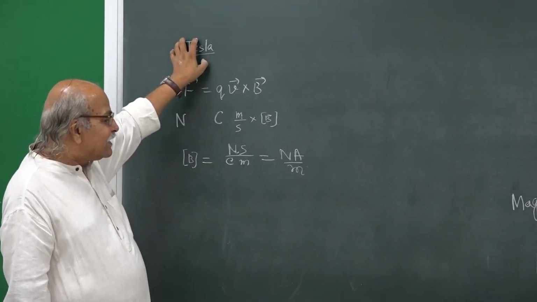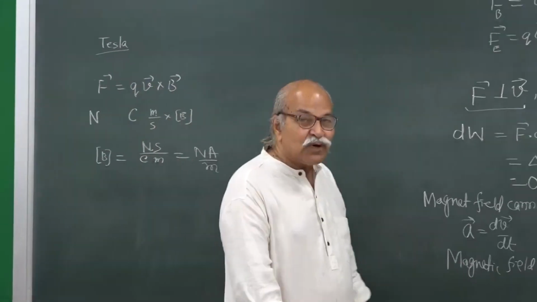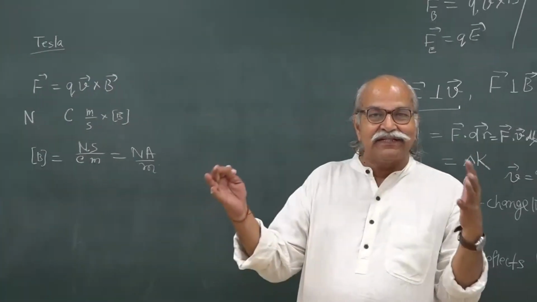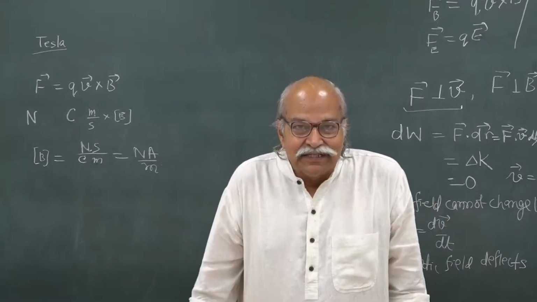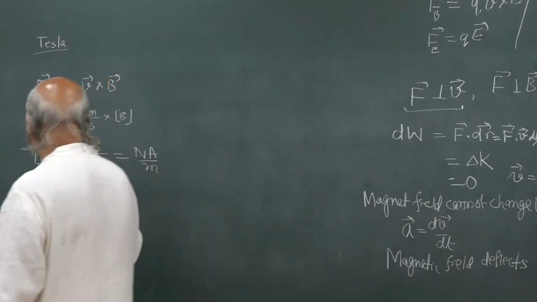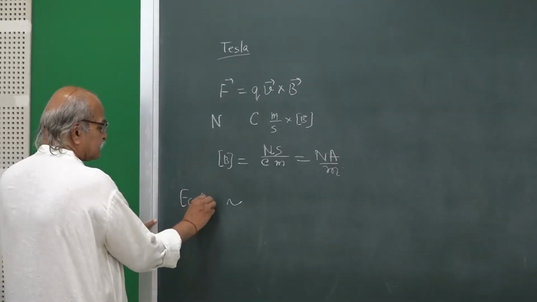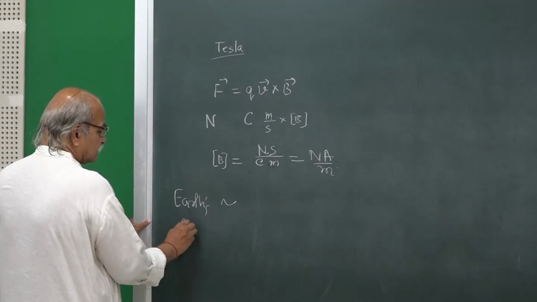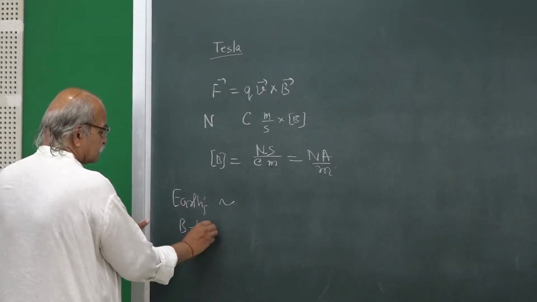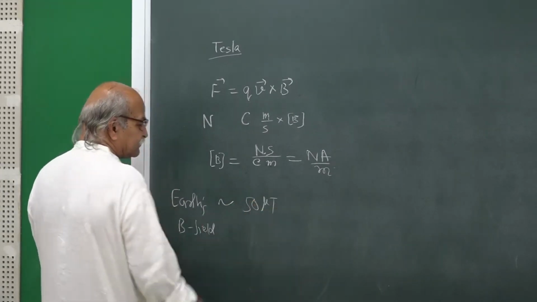Now, this Tesla seems to be a somewhat larger magnetic field, a strong magnetic field. Earth's magnetic field is typically 50 micro Tesla or so.